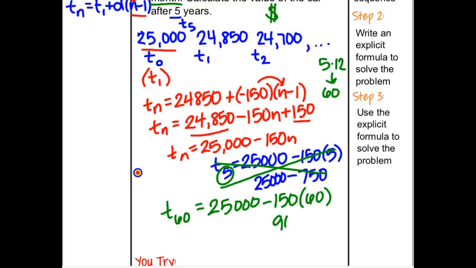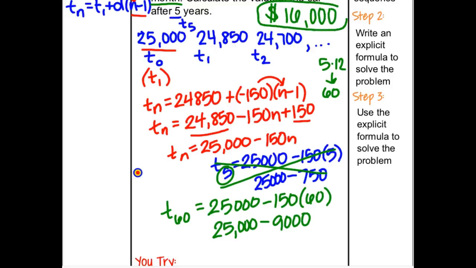So this is 9,000. And when we take 25,000 minus 9,000, remember we're in the thousands, so we can subtract 10 and add 1 back, so we will be at a value of 16,000 for the car. And if you had gone the route of 5, you would have gotten 24,750, which doesn't make any sense because after 2 months it's already lower than that.